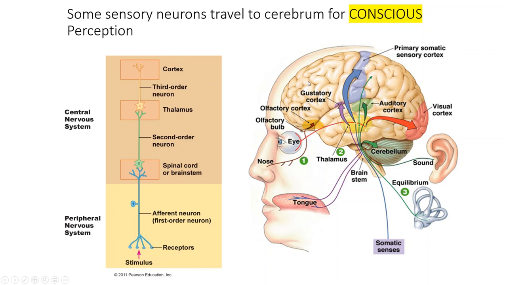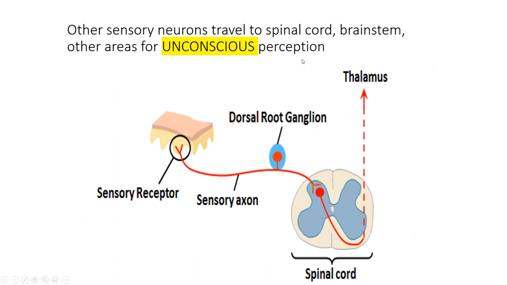Whereas if the stimulus does not travel to the cortex but pretty much ends at the thalamus, then we talk about unconscious perception. Okay, and of course you have the same thing going on. You have a sensory receptor or sensory neuron, and then a few neurons in between before that stimulus reaches the thalamus.